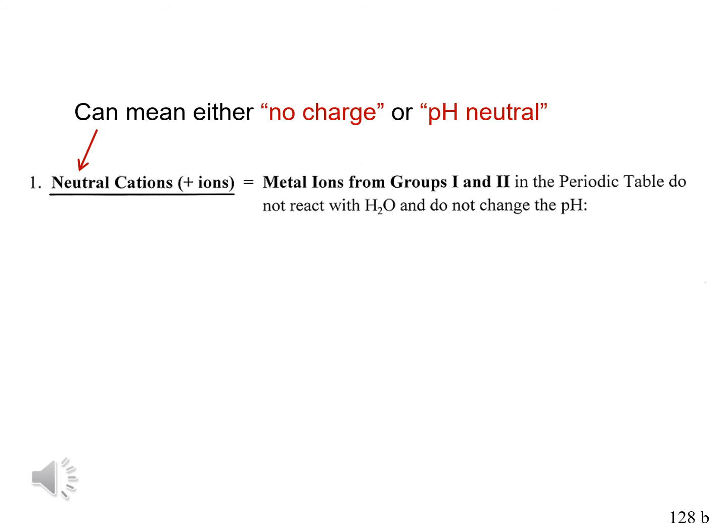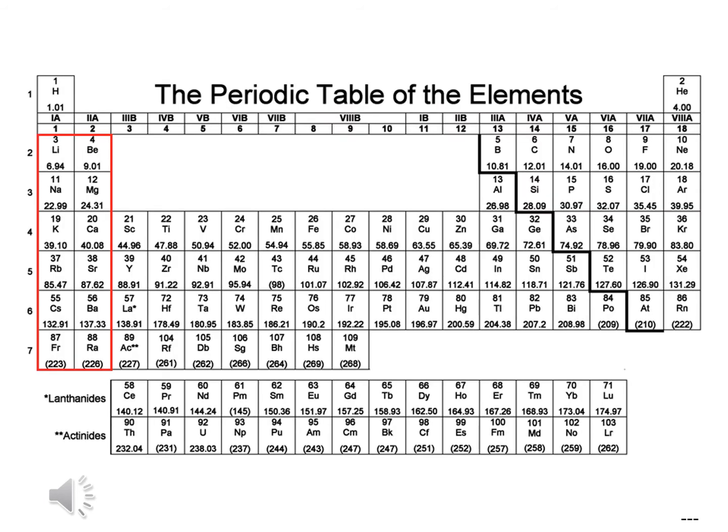All I'm going to tell you about these is that the most classic ones are any of the metal ions that come from either group 1 or 2 in the periodic table. They do not react with H2O, and they don't change the pH. If you look at what's in these two groups, there are a lot of important ions, especially medical ones.